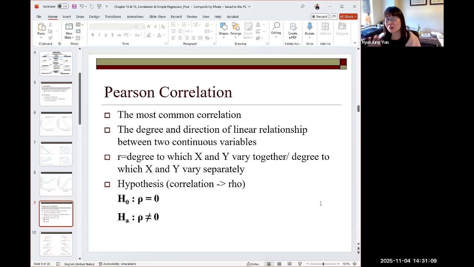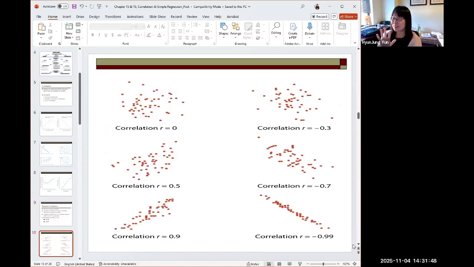We want to detect some sort of linear relationship, so rho is not zero. That's the alternative hypothesis. If you want to write hypotheses with these notations, or as I mentioned earlier, you can state your hypothesis in plain English, no problem at all. Variable A and variable B are correlated, that's your alternative hypothesis. There's no correlation or any relationship between the A and B variables, that's the null hypothesis.